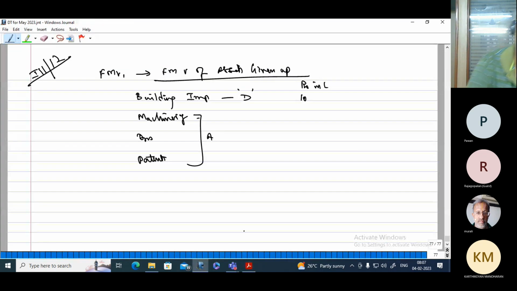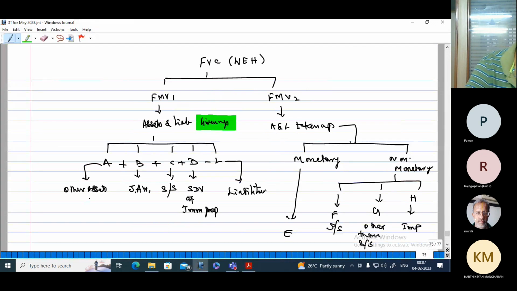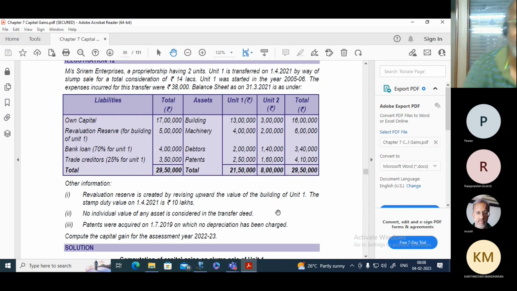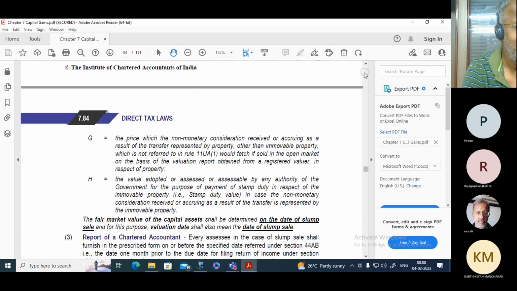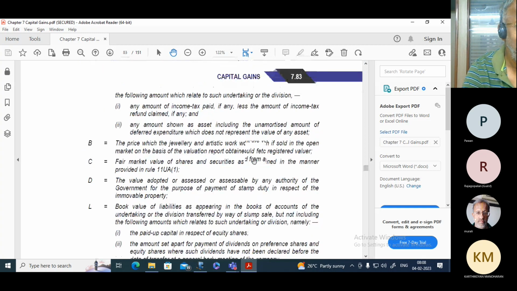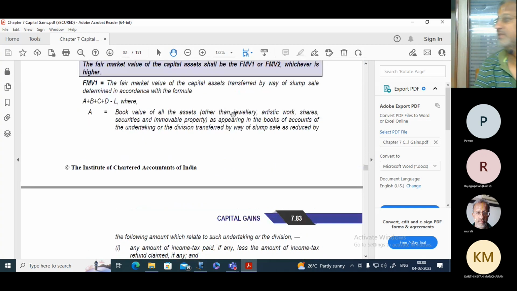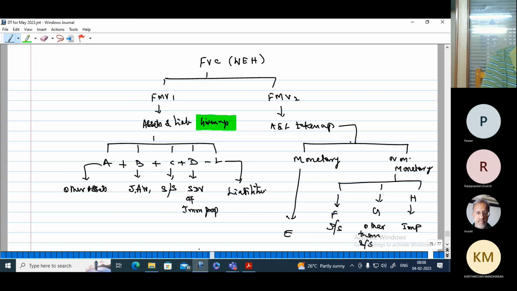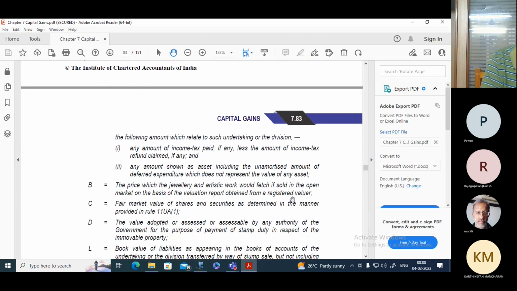What is it that we have seen as part of A? Other assets, okay, but what is the value? You have forgotten. Book value of all assets. Book value. For B, there is no valuation report they have.